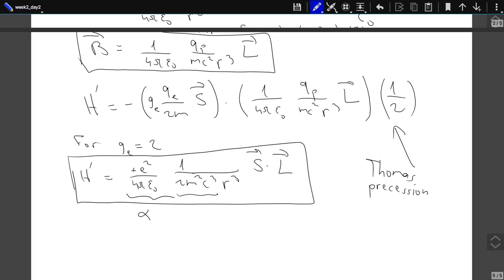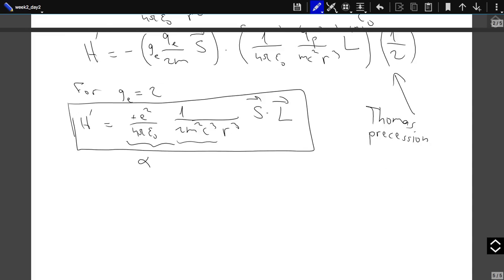Now the first thing we need to do is, we are doing degenerate perturbation theory because the states are degenerate. So is H prime diagonal in our basis? You see, up to now we were using the basis n, l, m.